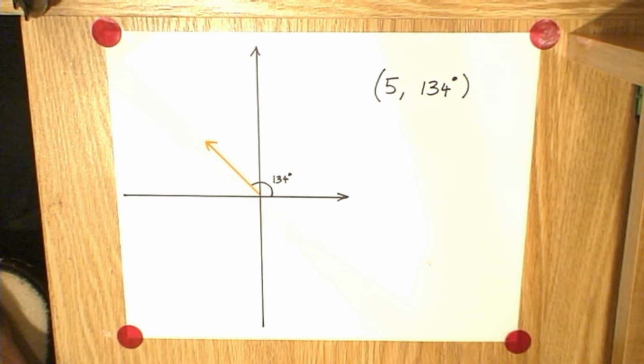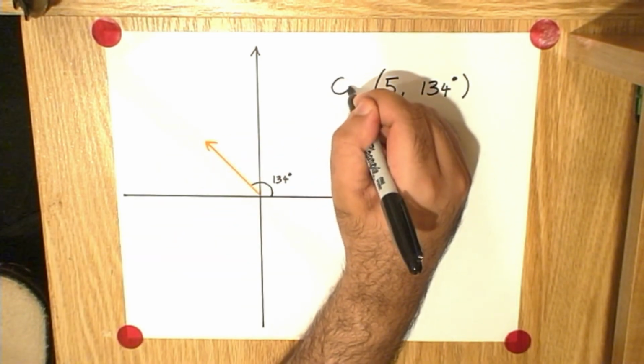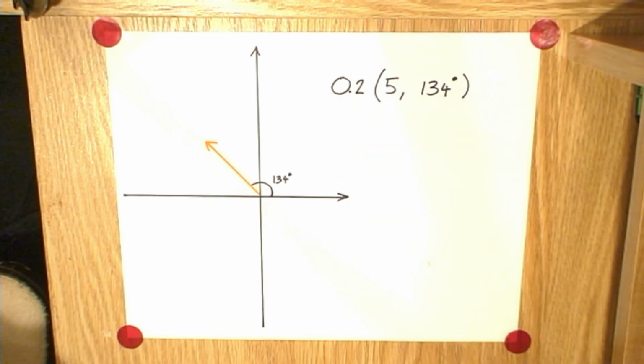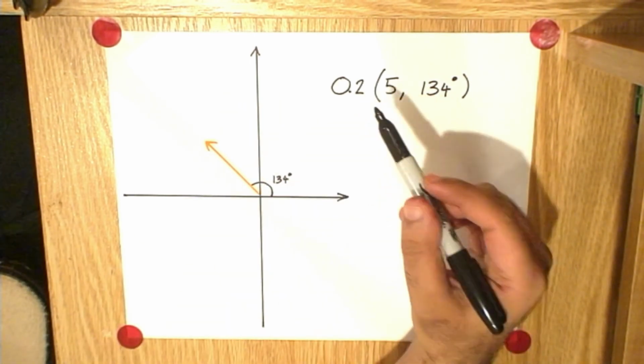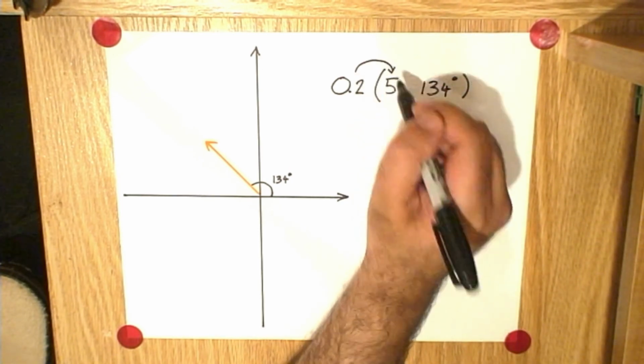What if you had to scale a vector in polar coordinates? Here we see the vector 5, 134 degrees. Let us take this vector and scale it by a factor of 1/5, or if you prefer, 0.2. Unlike in rectangular, where you have to multiply each term by the 0.2 or whatever your scale factor is, here you only need to multiply the size, like that.